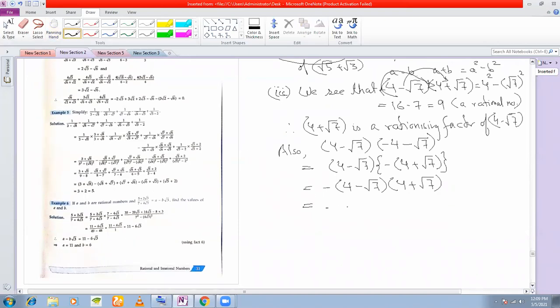And now you can write this as minus of 4 square minus root 7 square, right? Which is equal to minus of 16 minus 7, which is equal to minus 9, a rational number.